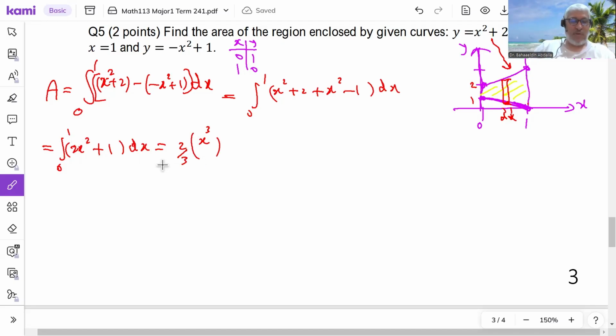You can take 3 over 3 out, and you need to find x cubed from 0 to 1 plus, maybe this is not clear. Okay. The integral of 1 is x, and it is from 0 to 1. So here 1 minus 0 is 1, so I have 2 over 3. And here 1 minus 0 is 1. So the answer is 2 over 3 minus 1.